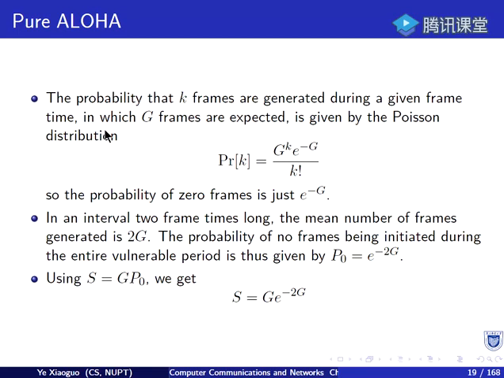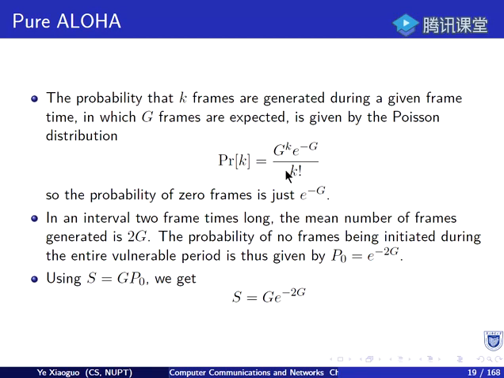The probability that k frames are generated during a given frame time in which G frames are expected is given by the Poisson distribution: G^k times e^(-G) over k!